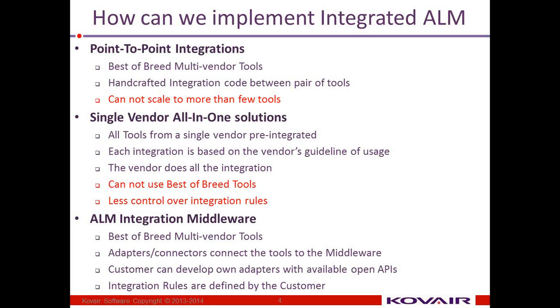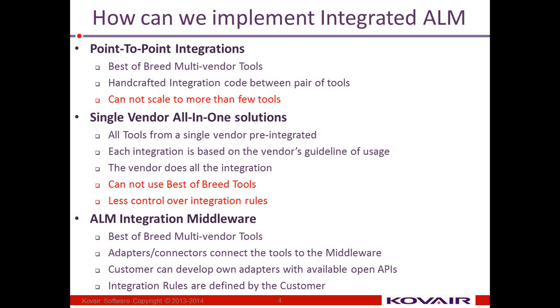The advantage here is that we can use best-of-breed multi-vendor tools, so there is no vendor lock-in over here. You can use tools from the leading vendors and connect them together.